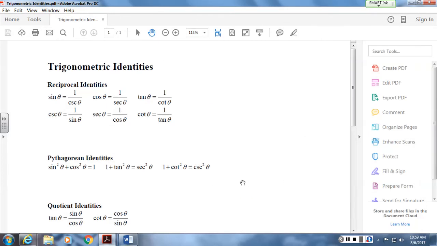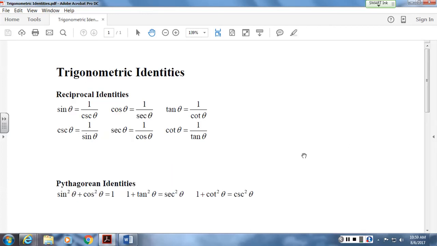All right, the next page is a list of trigonometric identities that, again, I believe you should know coming into this class. Certainly, these are identities that we will use both in Cal 1 and Cal 2, and to some extent in Cal 3 as well. The reciprocal identities, most everybody knows this.